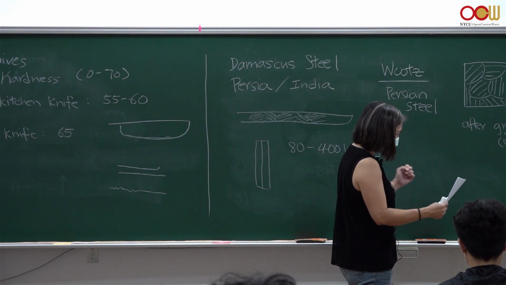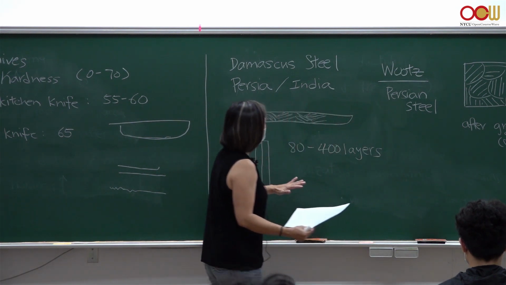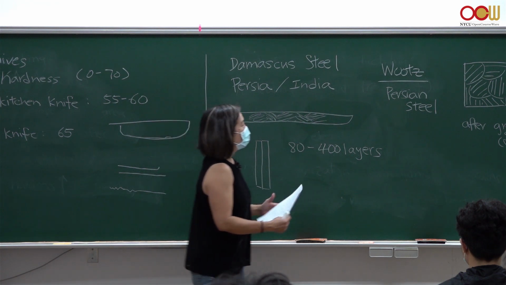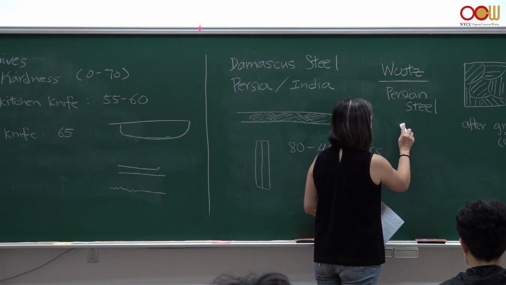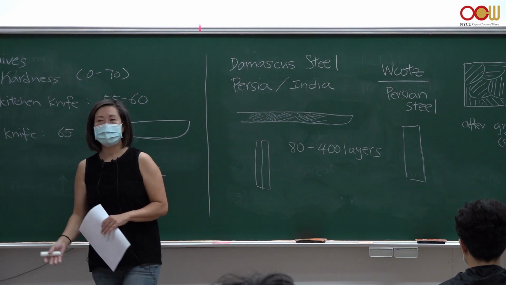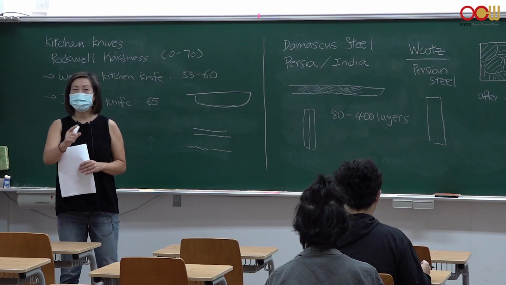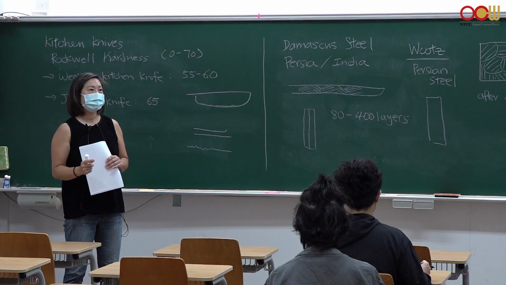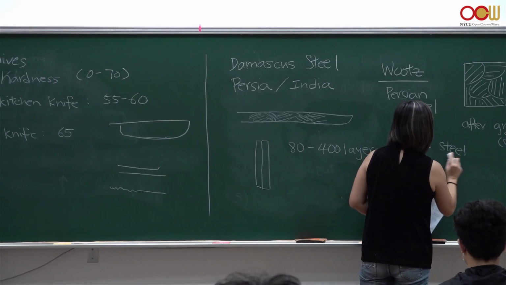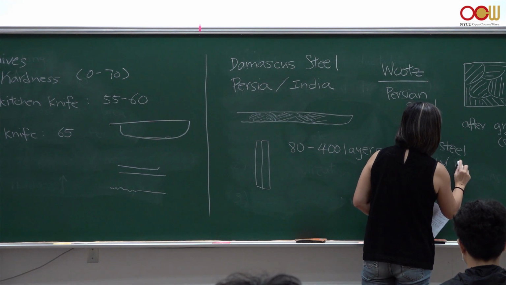And wootz is different because instead of putting different layers together, you start with just one. You do end up folding it and cold working it, annealing it to get the layers, but it only comes from one material. And that one material is just steel. It has a high carbon content.